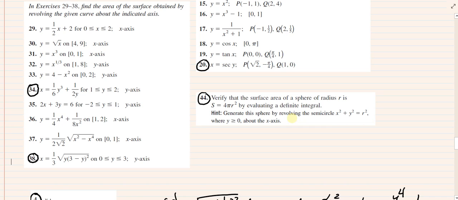So in number 34, we are revolving that equation about the y-axis. True, about the y-axis. So let's see how this is going to turn out. Okay, so number 34 is the one we're going to do right now.